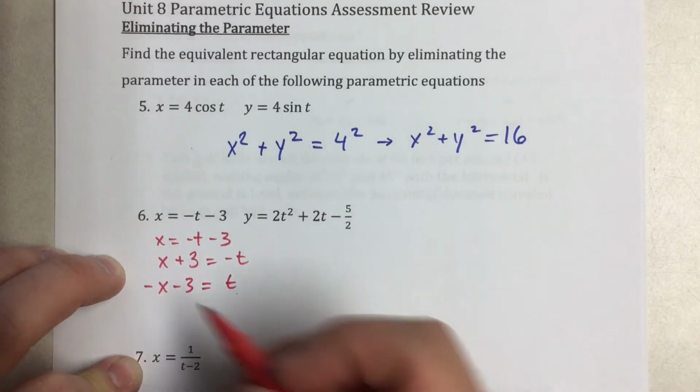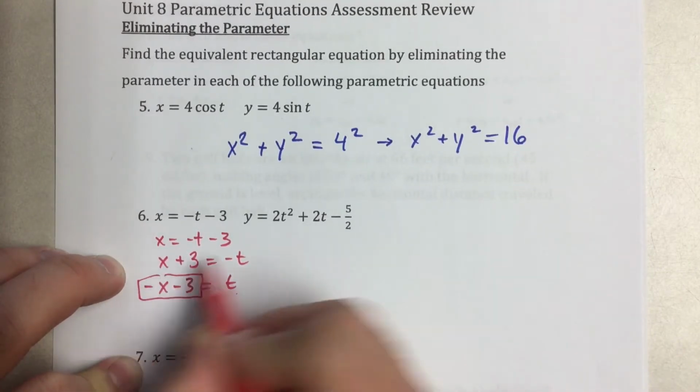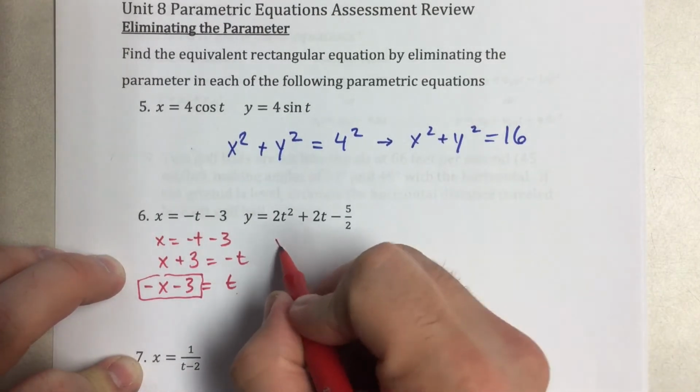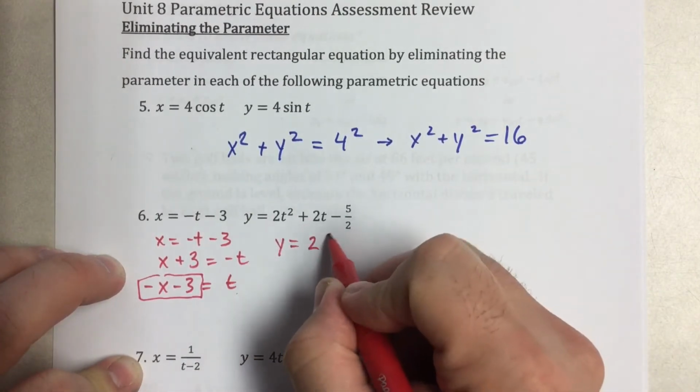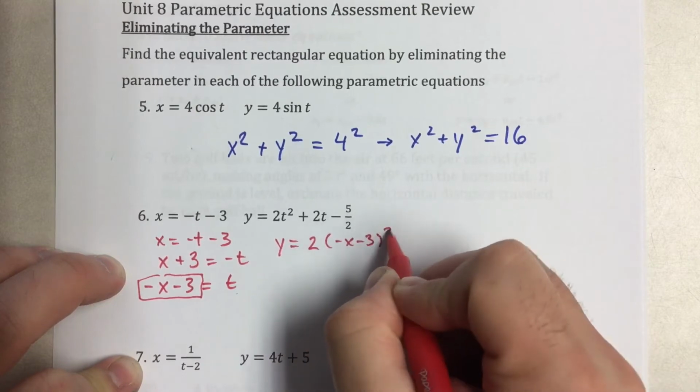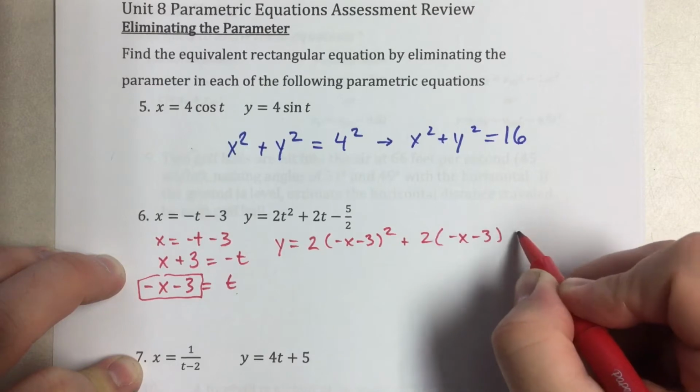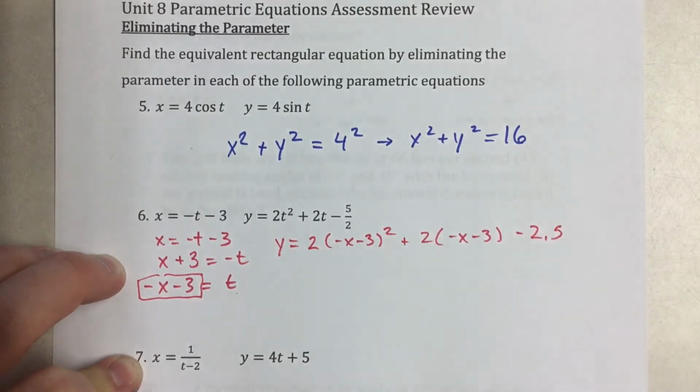All right, I am now going to substitute this into the other equation for t and simplify. So we have y equals 2 times negative x minus 3 squared, plus 2 times negative x minus 3, minus 2.5. I went ahead and rewrote 5 halves as 2.5.